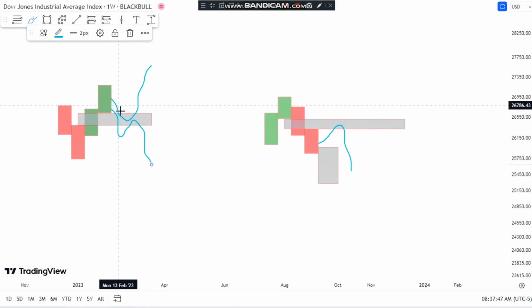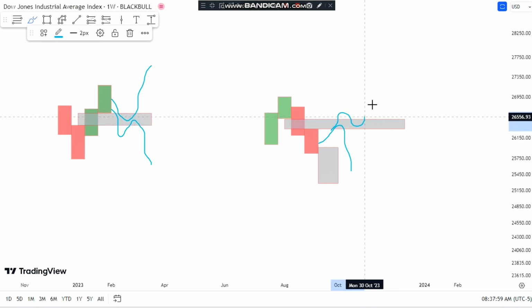So this was a bullish order block, but it became a bearish breaker block, and in this case the price is supposed to go down, but what happens, the price closes above this fair value gap, retests it, and then the price goes up. Okay, and this was a bearish order block and it is now a bullish breaker block.